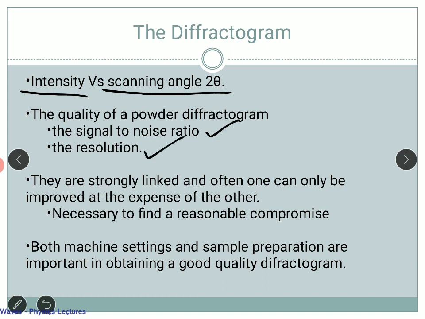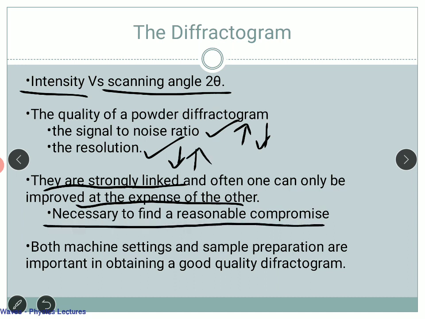Both of them are strongly linked and can only be improved at the expense of the other. So if the signal to noise ratio increases, the resolution decreases. On the other hand, if this decreases, the resolution will increase. So we need to find a reasonable compromise so that we get a good result. Optimal condition is the important term.